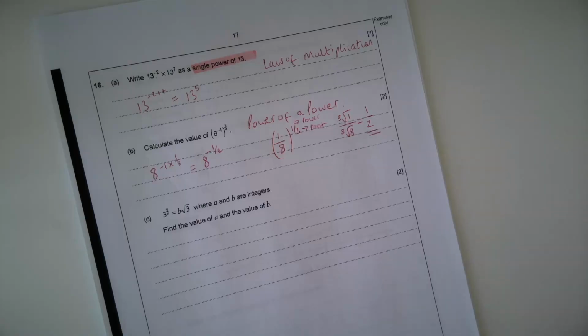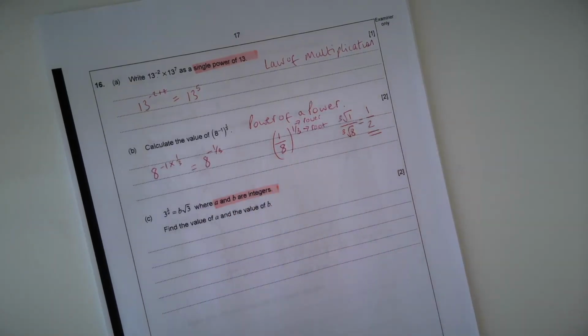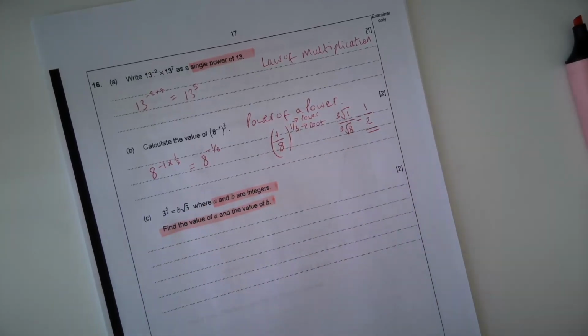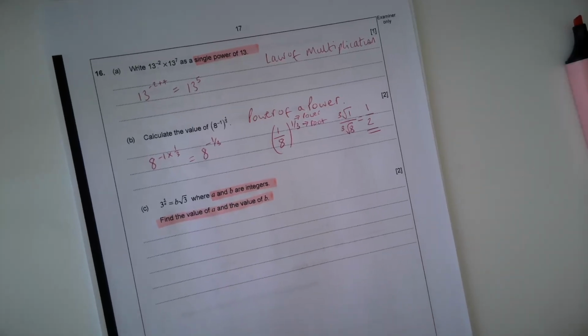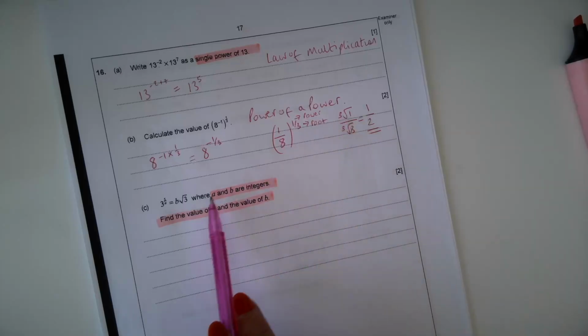Part C, 3 to the power of 5 over a equals b root 3, where a and b are integers, so a and b are whole numbers. Find the value of a and the value of b. So we're going to be working with our indices knowledge and some surds knowledge here as well, guys. So remember what I said up here, when we had a power of a third, we cube rooted.